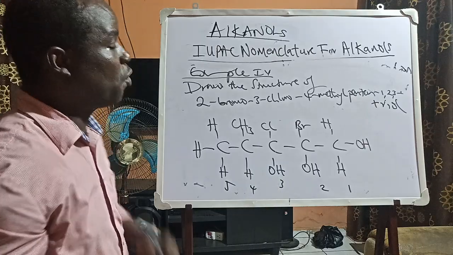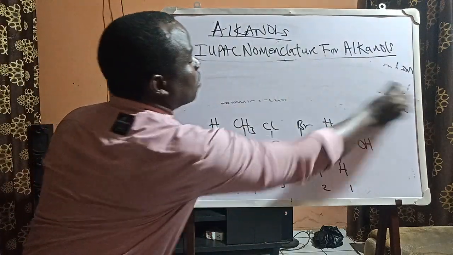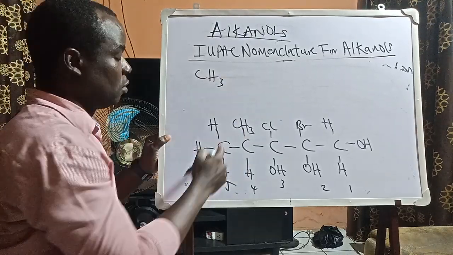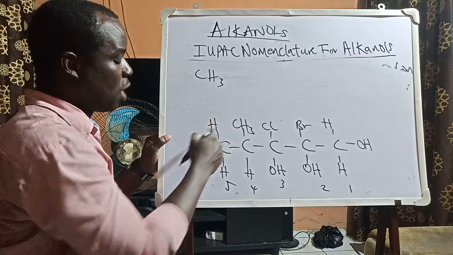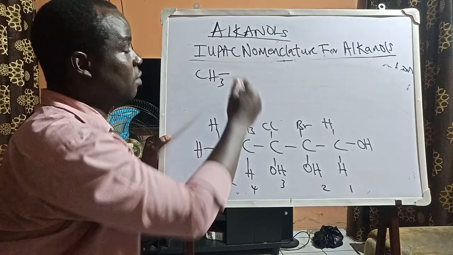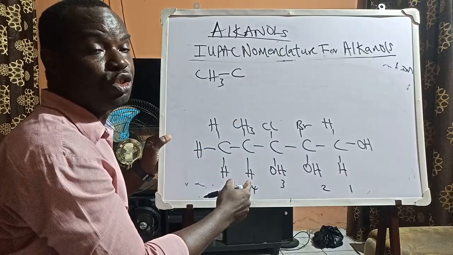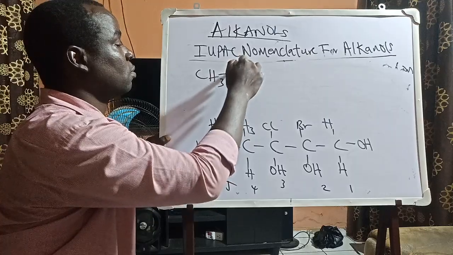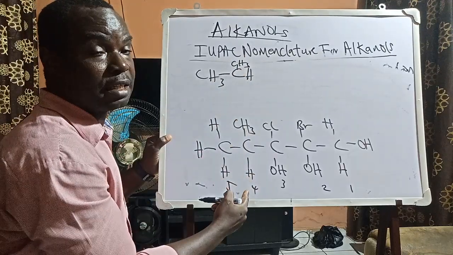Okay, now we can summarize it like this. Bring down C. Then 1, 2, 3. I have it here. Bring down C. I have H. You now put this CH3 on top. You can also put it down if you like.